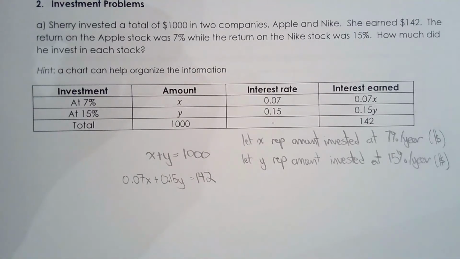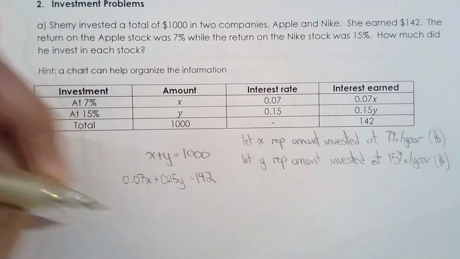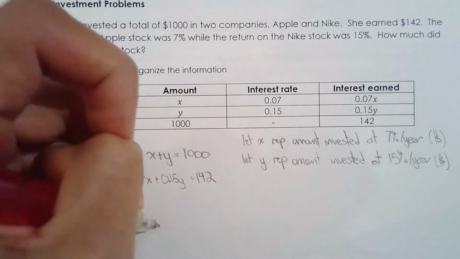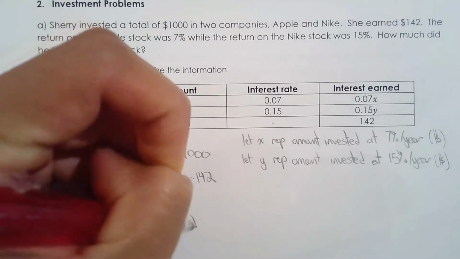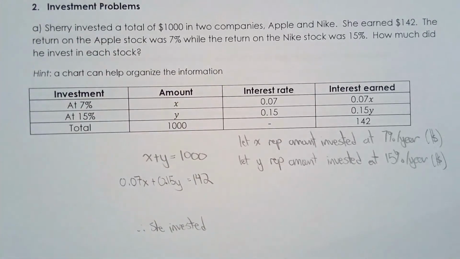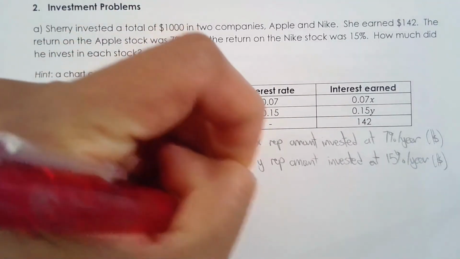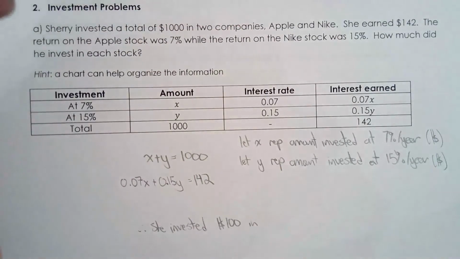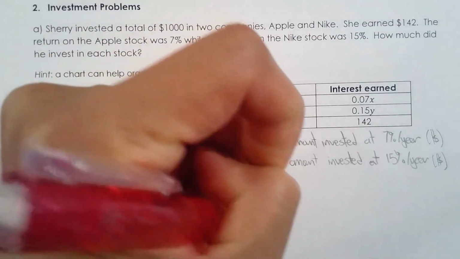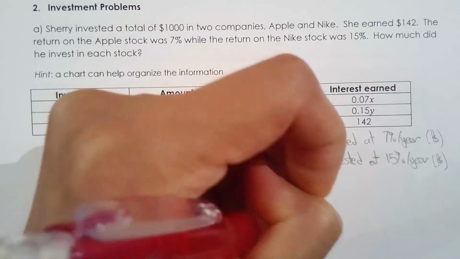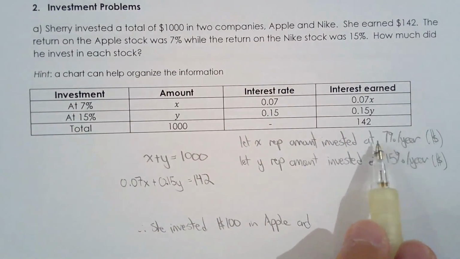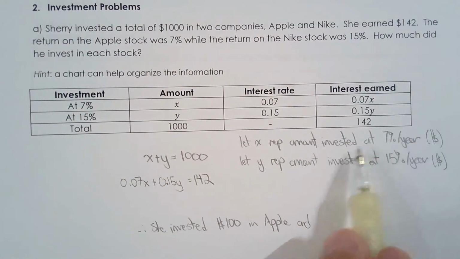Therefore, I'll quickly solve it. She invested $100 in Apple. I forgot, instead of saying at 7% per year, amount invested in Nike would be great as well.